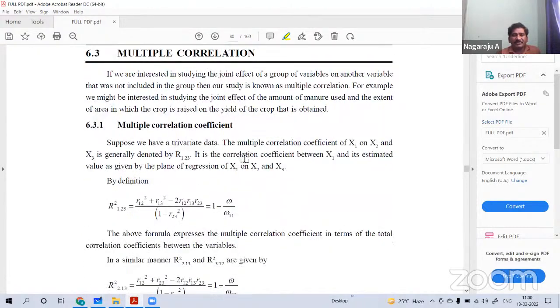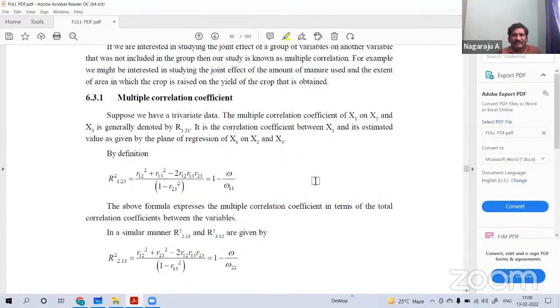Next is multiple correlation. For multiple correlation, we will take the formula. It involves the R12, R13 and R23 coefficients, all three mixed coefficients. Three variables, so it is 1,2 and 1,3 and 2,3. One variable depends on the other, and we see how the coefficients are involved. On that basis we identify the multiple correlation.